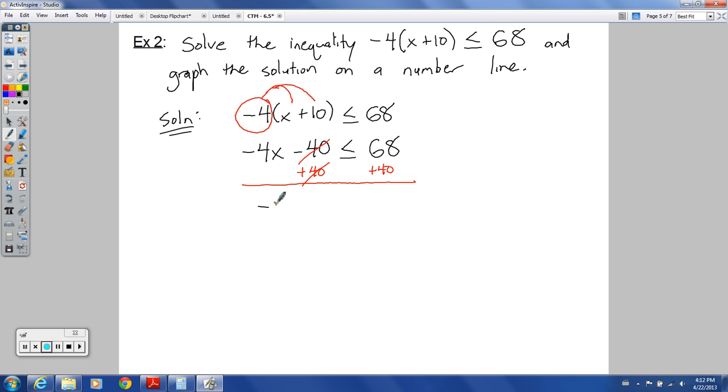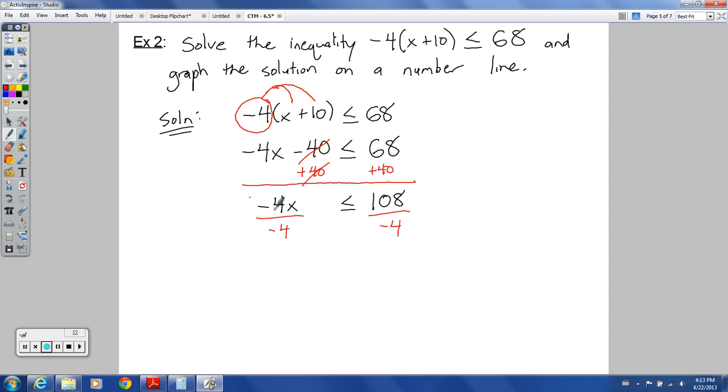But inequalities, again, we solve them exactly the same. There's just one little twist. And here comes that little twist. So what's the little twist here? Well, I'm going to divide by a negative value right here. Before I was just adding, I was multiplying through by the negative, but I wasn't doing the same thing to both sides of the inequality. Now I'm dividing both sides of the inequality by a negative value.